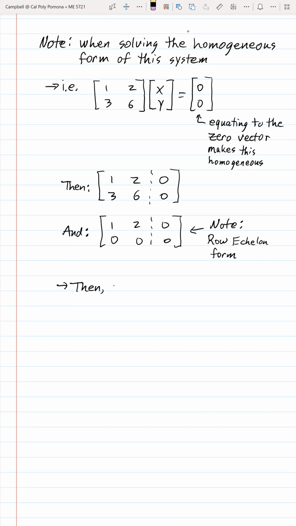Then parametrically, we can see something pretty interesting. We have 1x plus 2y is equal to 0. And if we do the same thing, if we let y equal u, that's a very simple parametric substitution, then that of course means that x is equal to negative 2y, which is equal to negative 2u.